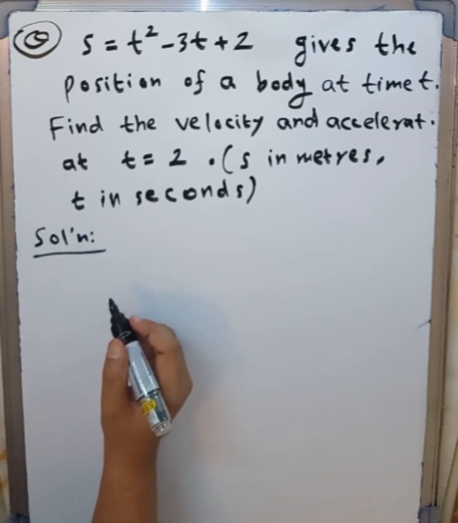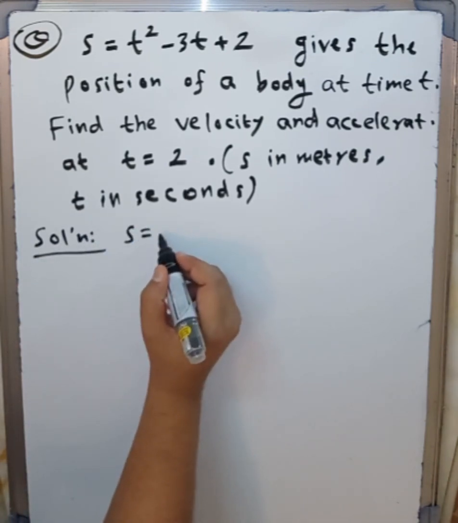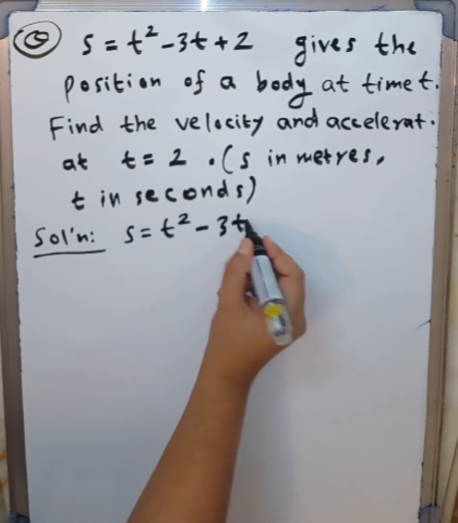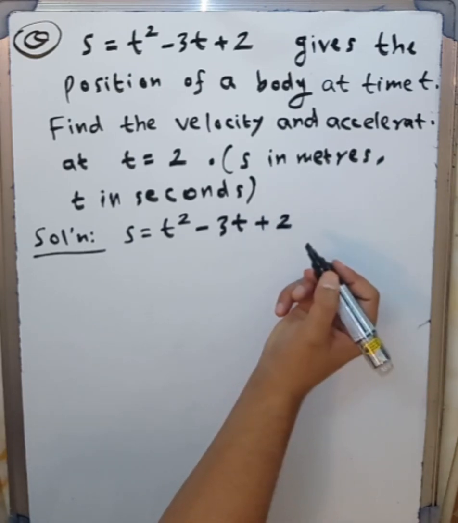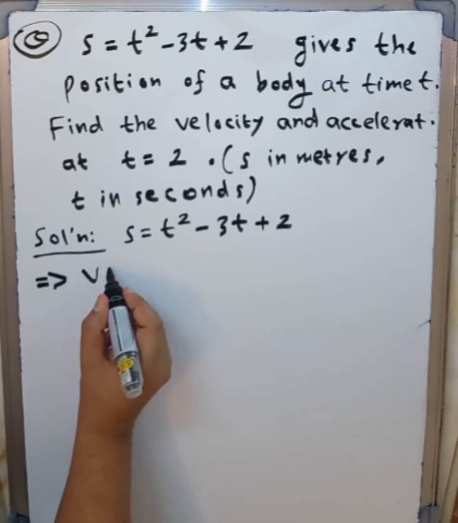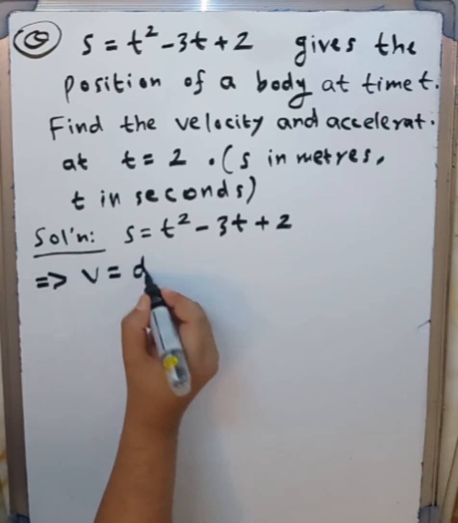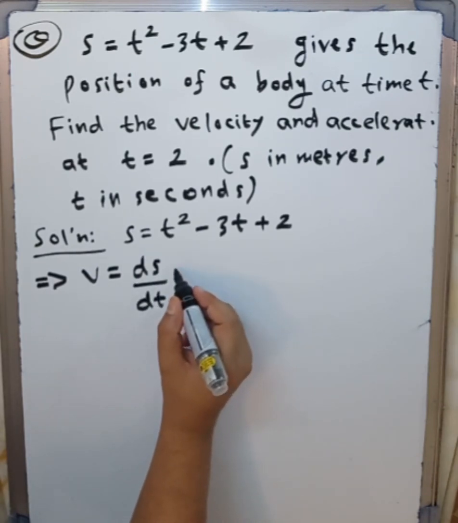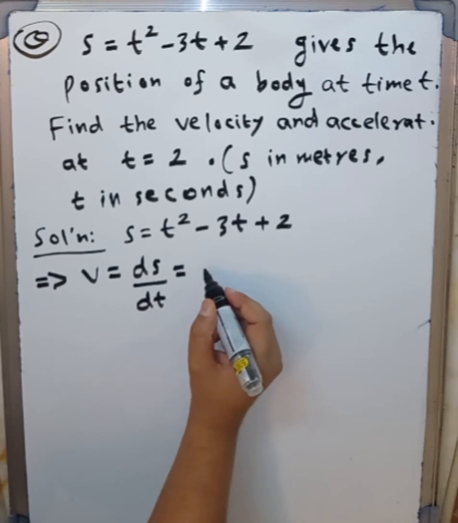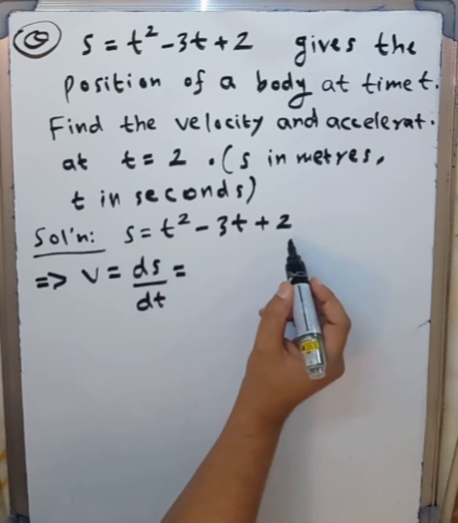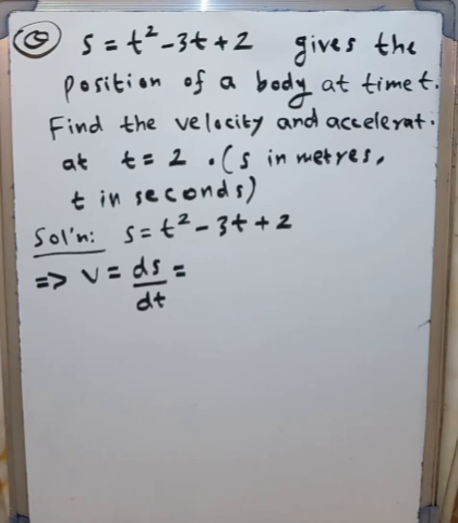Solution: s equals t square minus 3t plus 2. This implies the velocity will be equal to ds by dt. This will be equal to derivative of s, that is t square minus 3t plus 2 with respect to t.